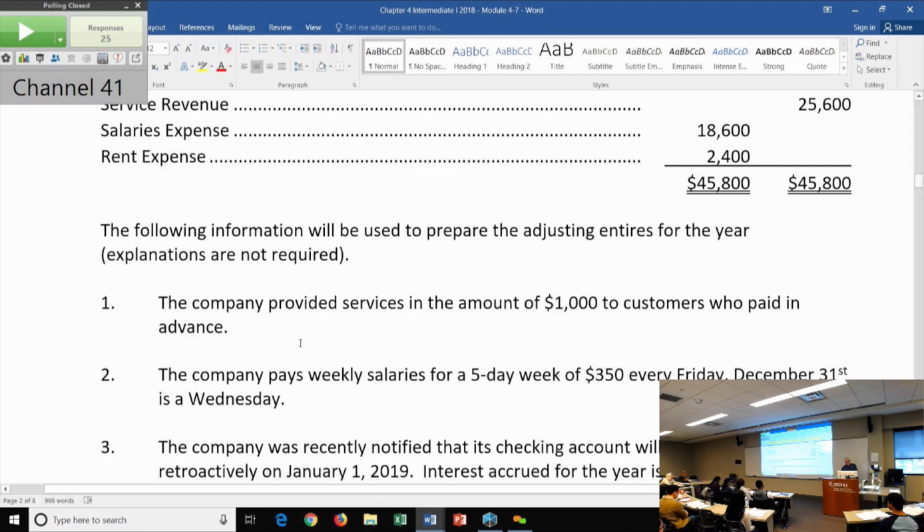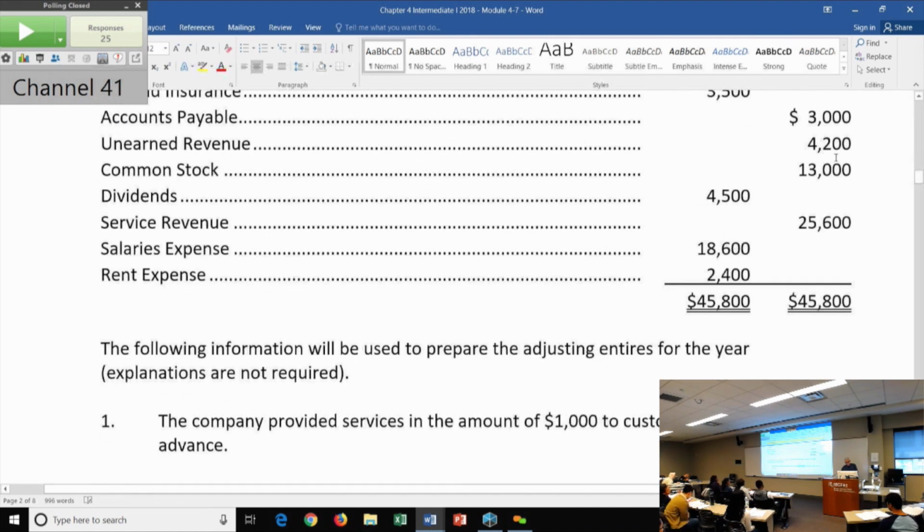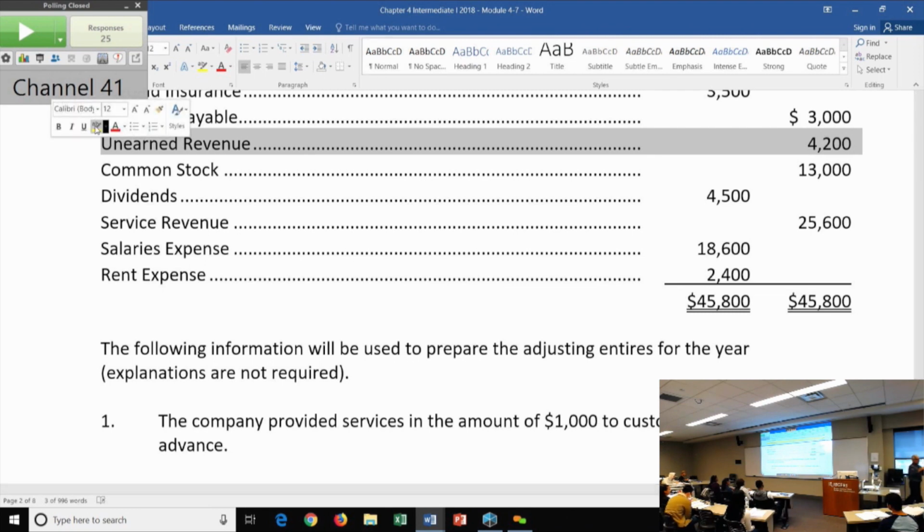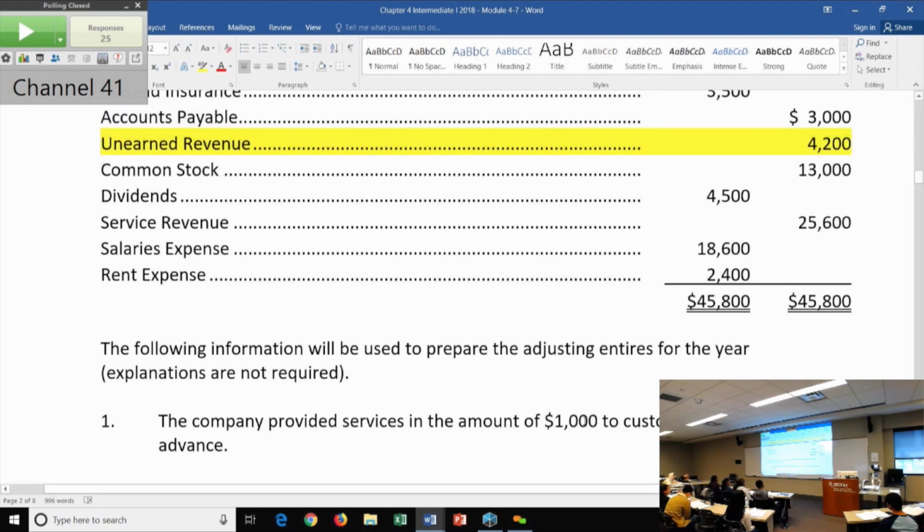They're telling me that of that amount, we provided the services equal to 1,000. So that's the connection. Of the unearned revenue, 1,000 is earned, so we have to make an adjusting entry. This is originally recorded as a liability, so we're okay. Another thing to notice is that retained earnings doesn't show up here because it assumes it's the first year of operation, so there's no retained earnings.